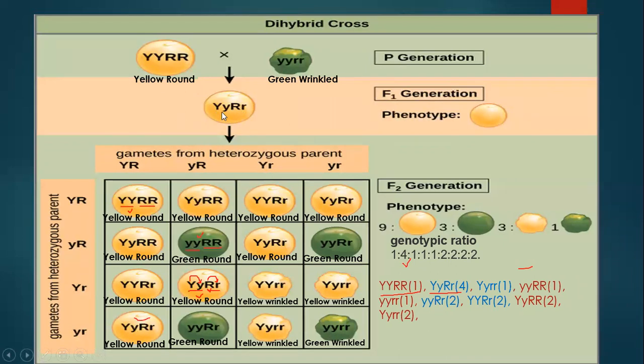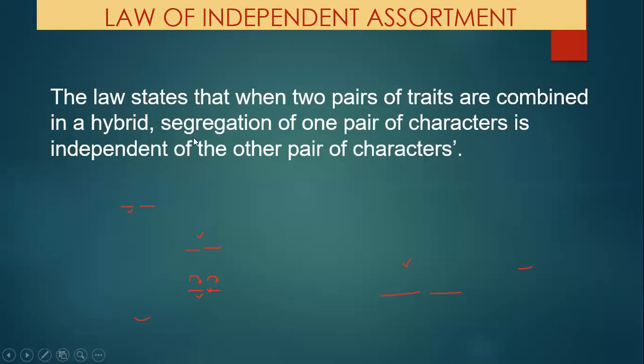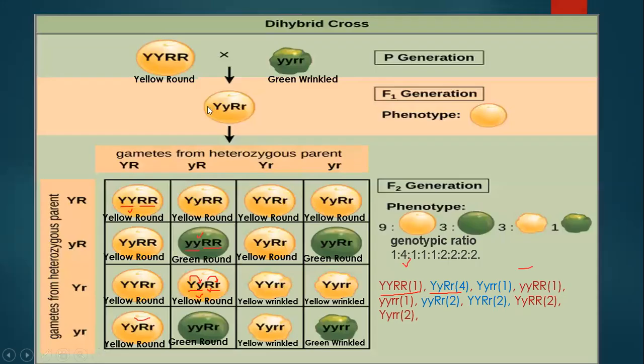So whenever the two traits are combining in a hybrid, then segregation of one pair of characters is independent of the other pair of characters. Segregation or separation of these two alleles is independent of the segregation of these two alleles which are of the second pair. This is the law of independent assortment.